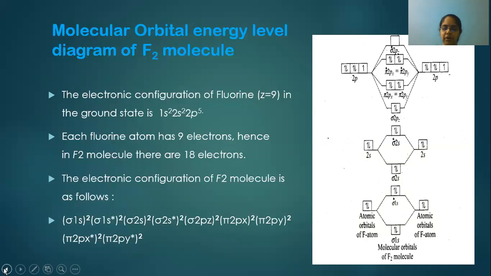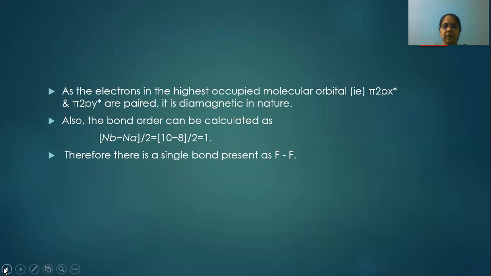Coming to the bond order and magnetic properties, the bond order is calculated as half into Nb minus Na. There are 10 electrons in bonding molecular orbitals and 8 electrons in anti-bonding molecular orbitals. So half into 10 minus 8 equals 1. That means a single bond exists between 2 fluorine atoms in the molecule, which is a sigma bond.